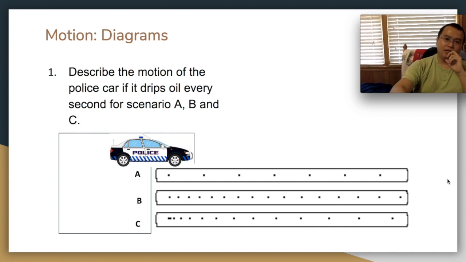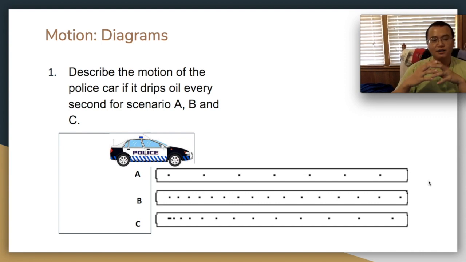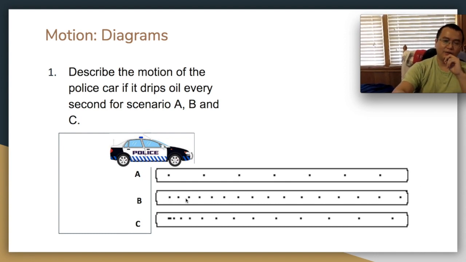So in scenario A here, you notice that every second the distance is pretty much the same, so you can say that it has a constant speed here. In this case, the distance increases every second, meaning it's speeding up, and then the distance remains constant again.